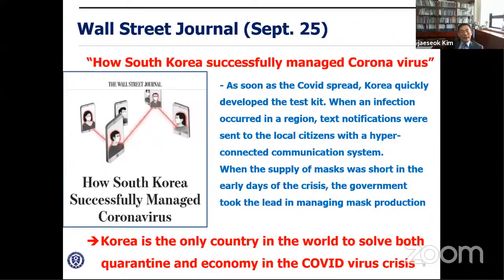When the supply of masks was short in the early days of the crisis, the government took the lead in managing mask production. So in conclusion, they mentioned that Korea is the only country in the world to solve both quarantine and economy in the COVID virus crisis.